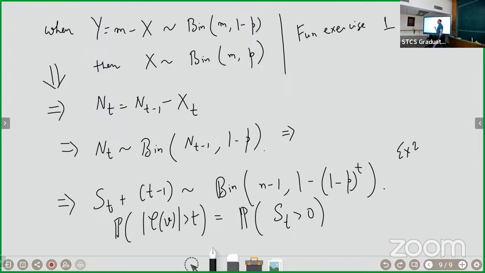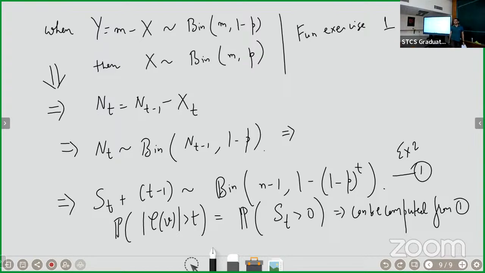All you need to do is just turn it around. This can be computed. We have precise estimates for how large this is. For the binomial distribution, all you need to do is take some exponent. So essentially, a proof without dominance.